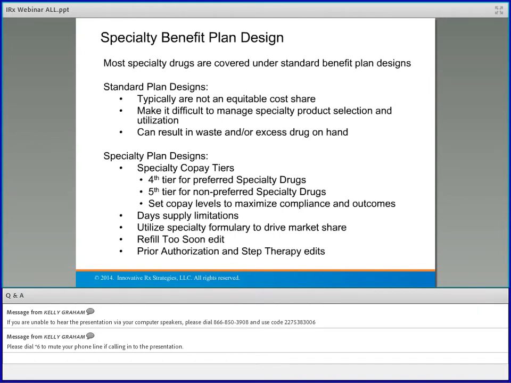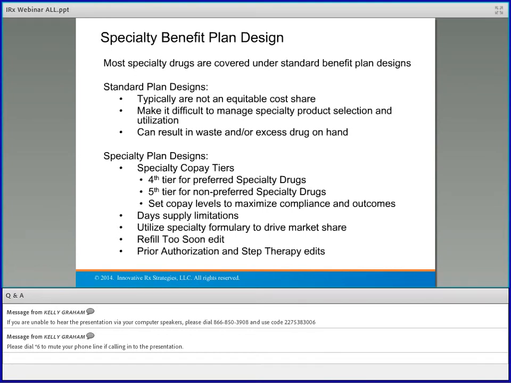I know a lot of you had open pharmacy networks or specialty networks where they could go wherever they wanted, so it's hard to manage that specialty drug utilization, as we'll talk about. Plus you can end up with a lot more waste or excess drug use unless you have more specialty management around it.